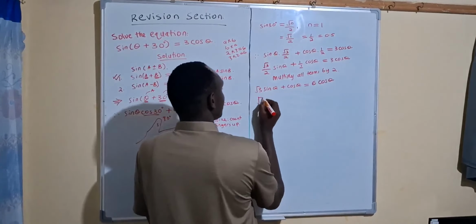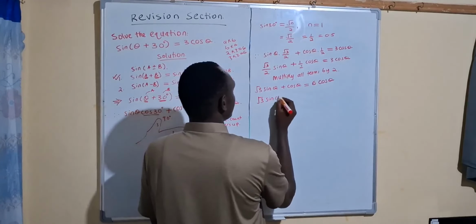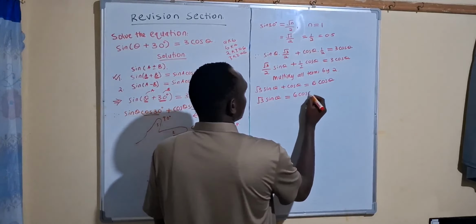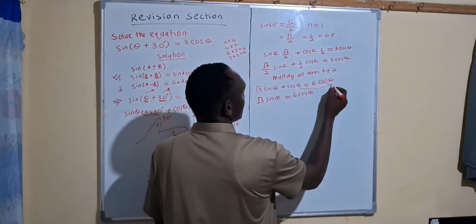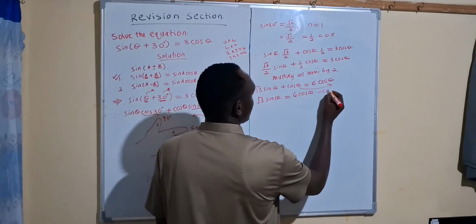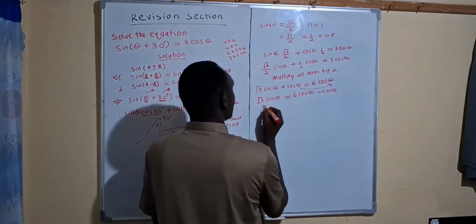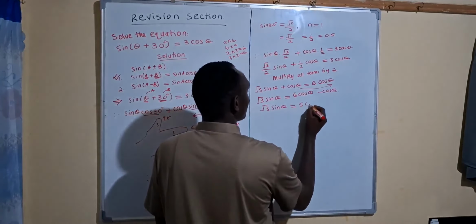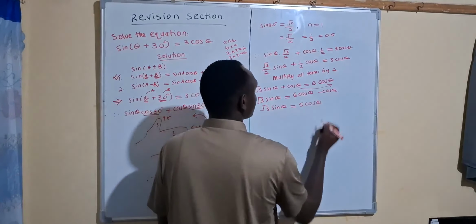That means we shall have root of 3 sine theta equals to, if I take this cosine to that side, it changes to minus, so minus cosine theta. This gives us root of 3 sine theta equals to 5 cosine theta.